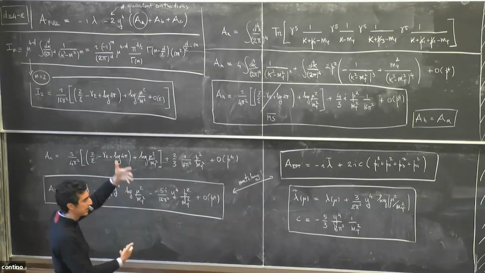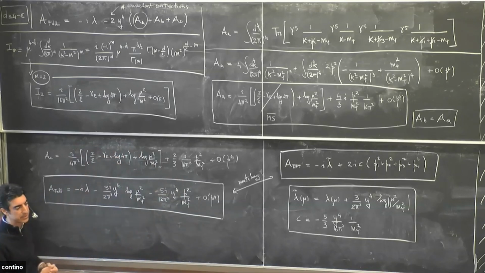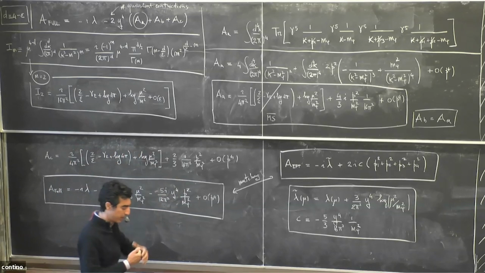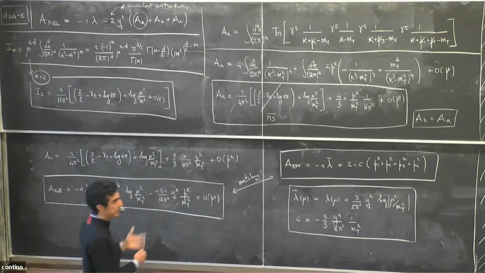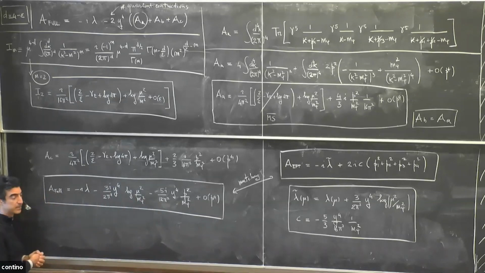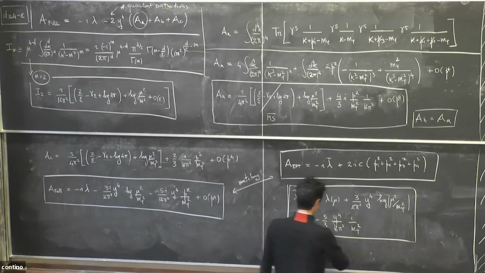Or instead of the Lagrangians, you can think of matching the generating functionals, as we did yesterday. So the answer is yes, this result should not depend on the choice of kinematics.